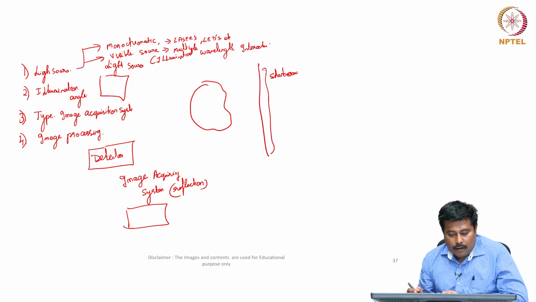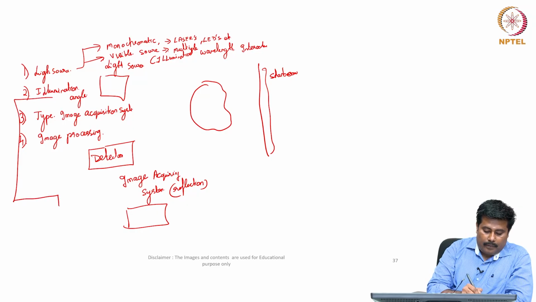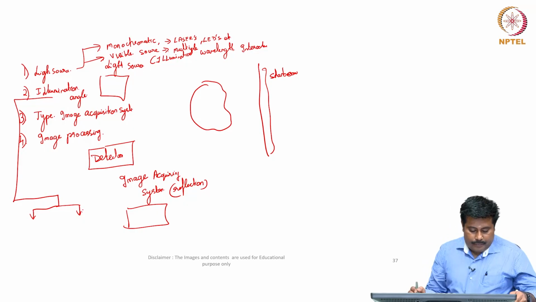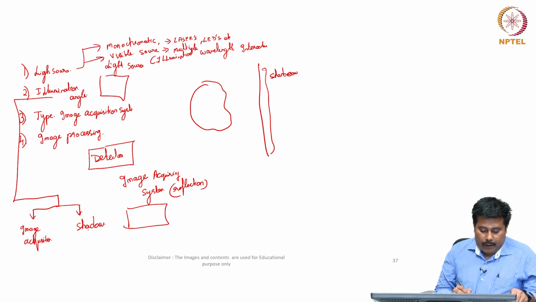Similarly, when we talk about the illumination angle, from the perspective point of view, it might be either an image acquisition or a shadow.